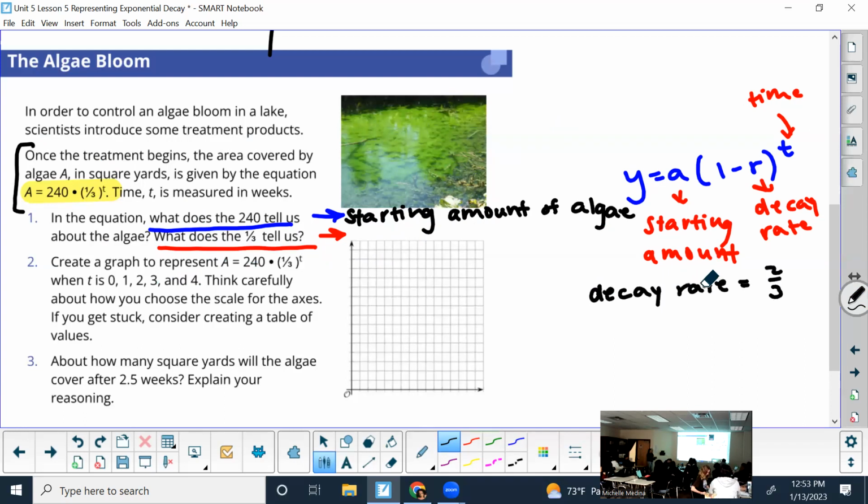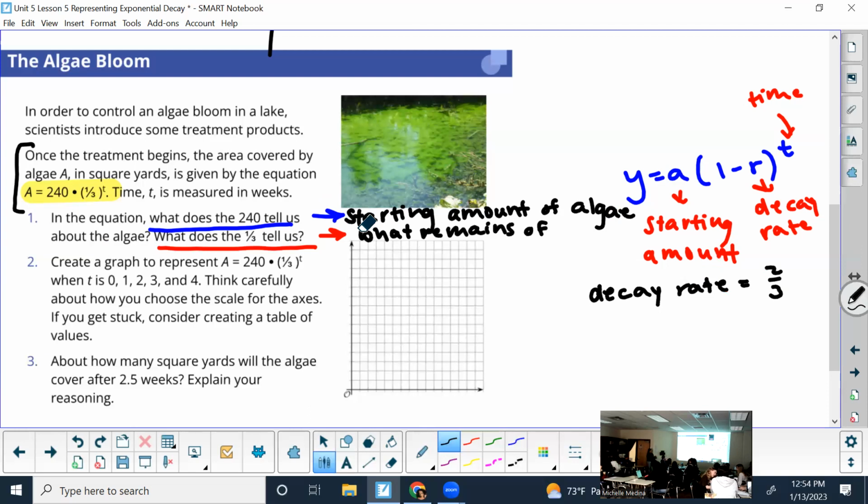How did they get the 1/3? So if it's decaying by 2/3, then the 1/3 is what? It's what remains of the algae each week.